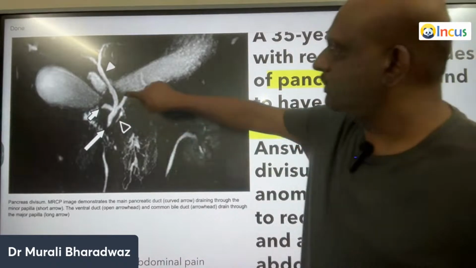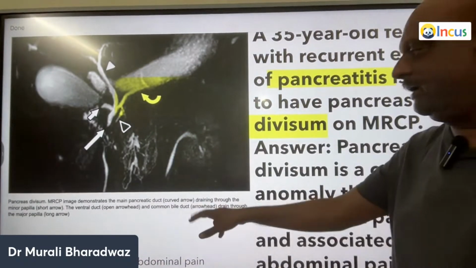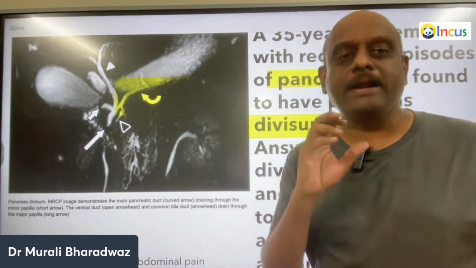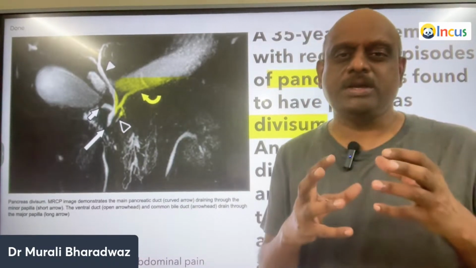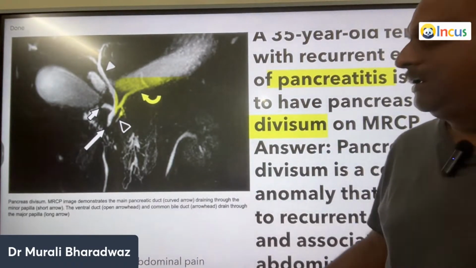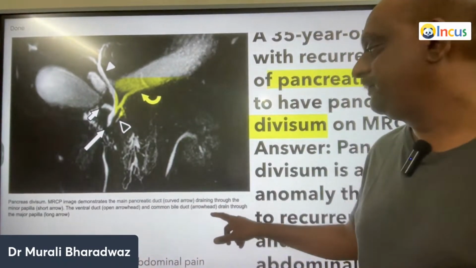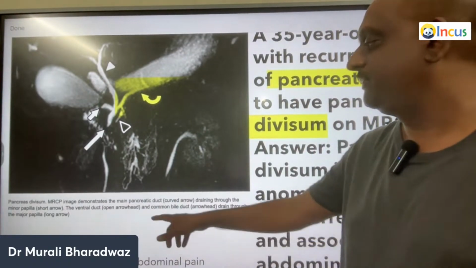So this curved arrow which you are able to see is the main pancreatic duct. You should know how to identify the structures on MRCP. Then you can see the ventral duct and common bile duct.